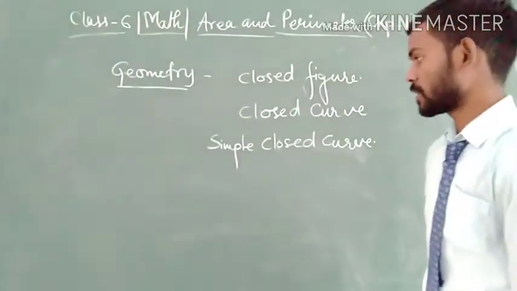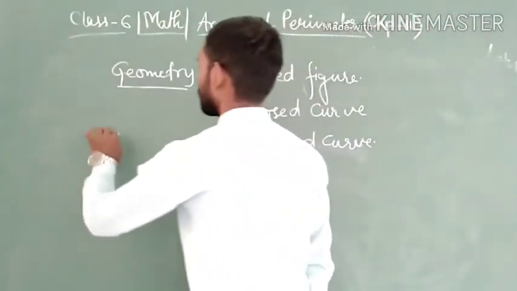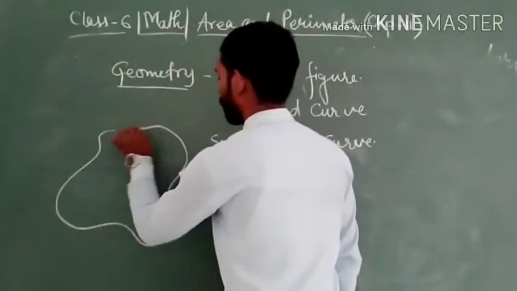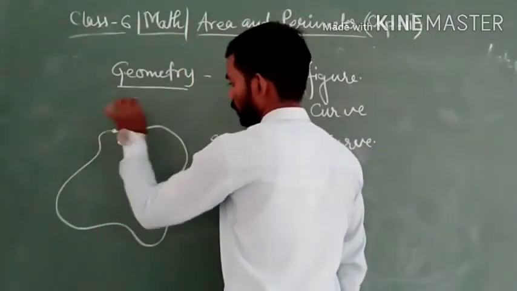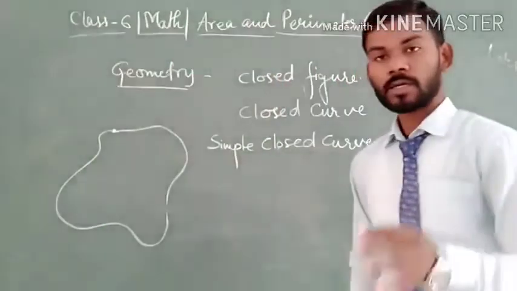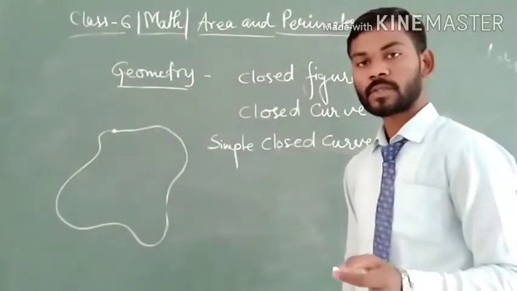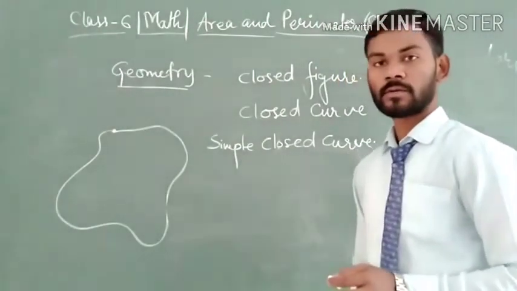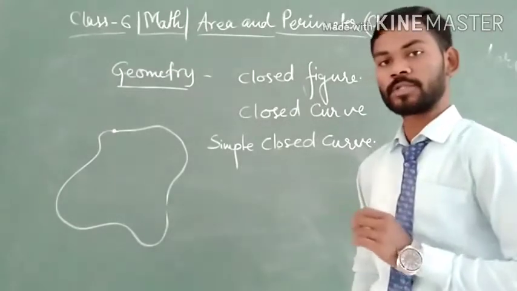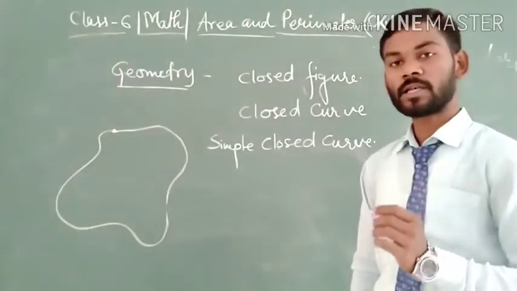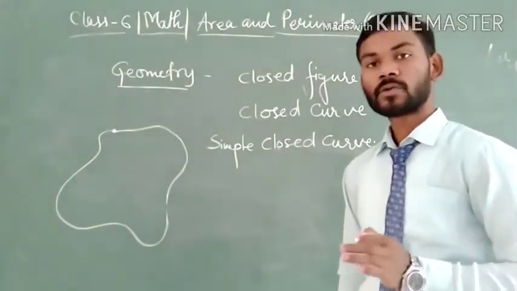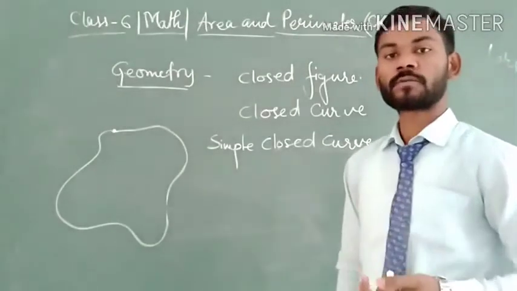Because from their definition we can see that it is a curve having its starting point and ending point at the same position. That is why they are known as closed curve or closed figure.